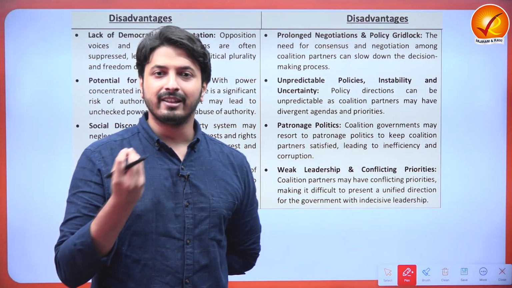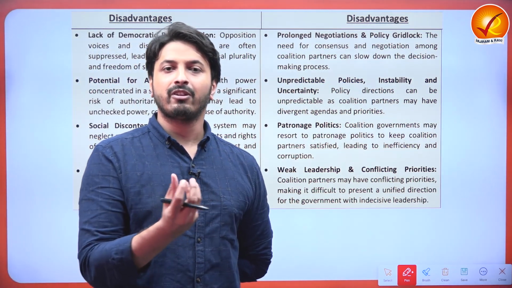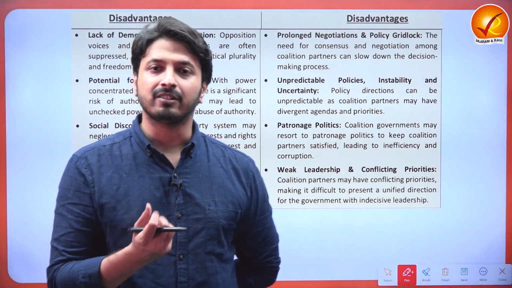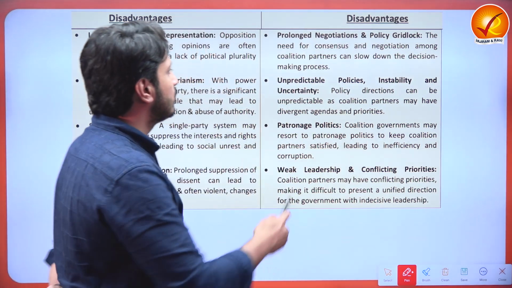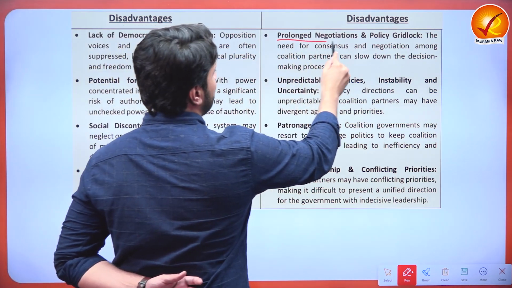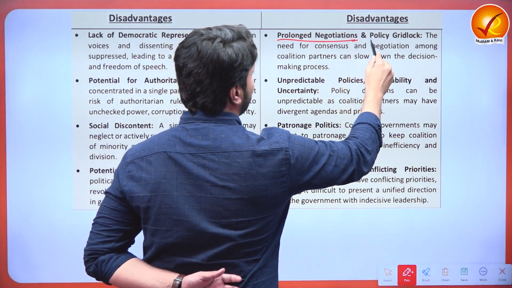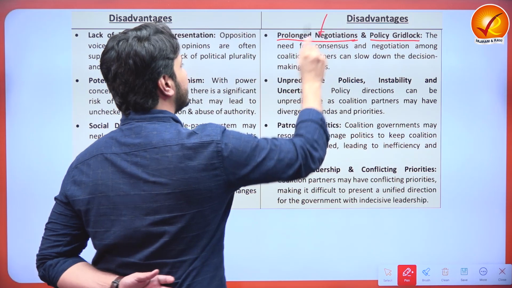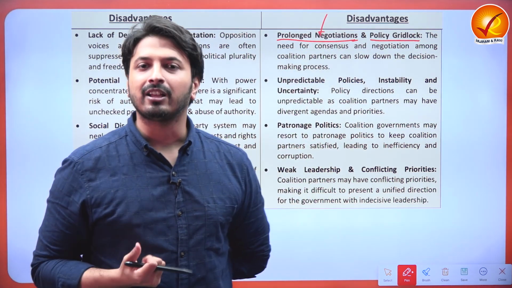As we already discussed, since a coalition government will comprise more partners, any decision will be fructified only after prolonged discussions, negotiations, and political tug of war.